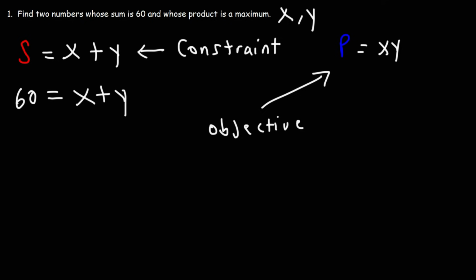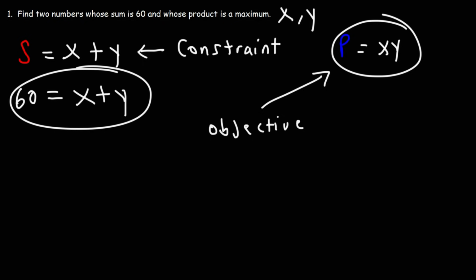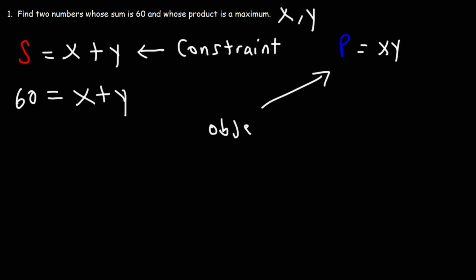What we need to do is differentiate p. We need to find the first derivative of p, set it equal to 0, and solve for x or y. But right now we can't do that because p is in terms of two variables. We need to get p in terms of one variable before we can find the first derivative. And that's where the constraint equation comes in. So what we're going to do is isolate y in the constraint equation.